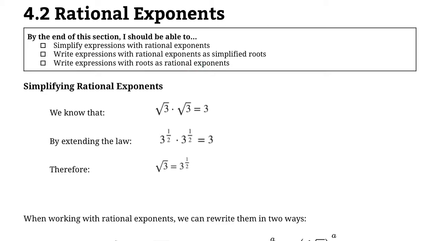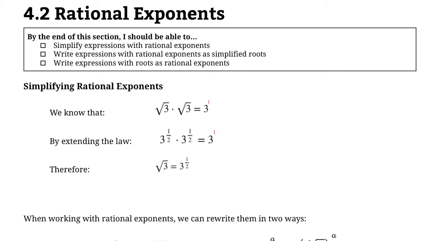We already know that the square root of 3 multiplied by the square root of 3 is equal to 3, and that 3 has an exponent of 1, an imaginary exponent of 1. And if 3 on its own just has an imaginary exponent of 1, we can write this: 3 to the power of 1/2 multiplied by 3 to the power of 1/2 is equal to 3 as well.